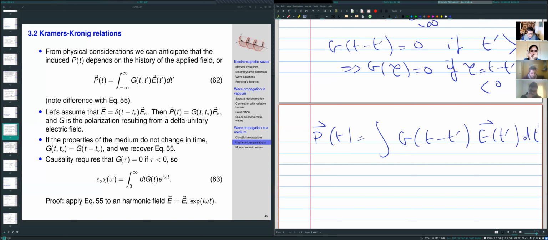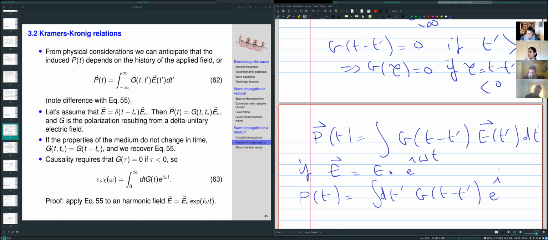If the electric field is given by E0 e to the i omega t, then P of t is the integral over dt prime of G of t minus t prime times e to the i omega t prime dt prime.